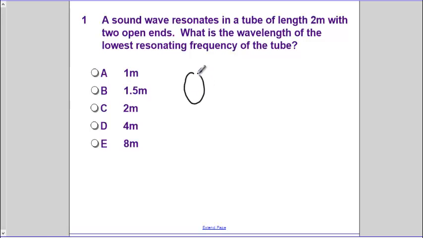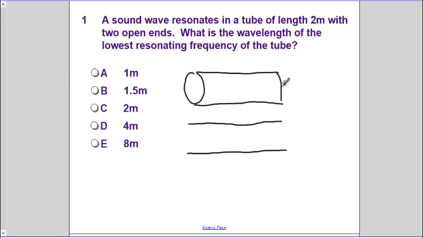I'll try and draw. So I'll draw that tube 2 different ways. Again, if you want to have what's called resonance or sound in this tube, the lowest possible frequency will have a node in the center and an antinode on either end, so we have a point of maximum vibration.